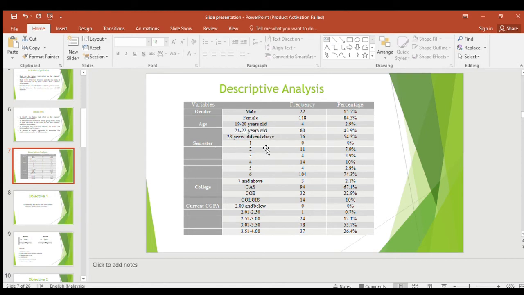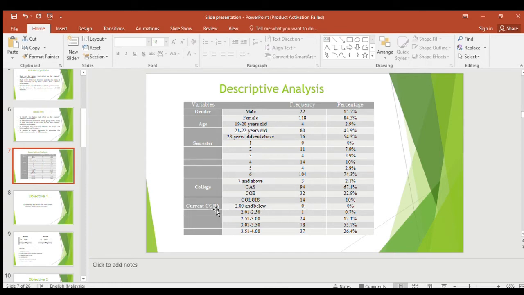For semester 6, the highest is 104, which is 74.3%. And for the college, 94 students, COB 32, COGIS 14.